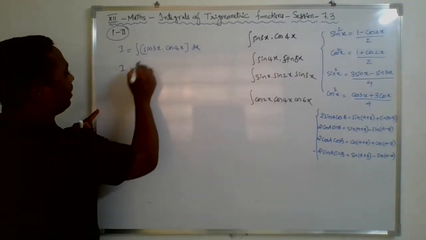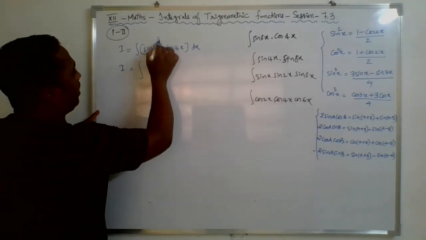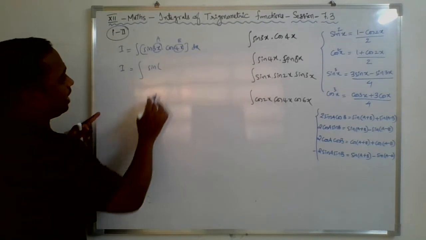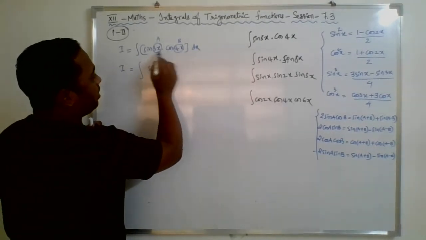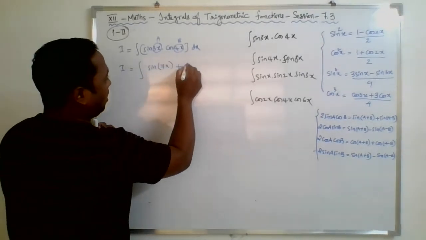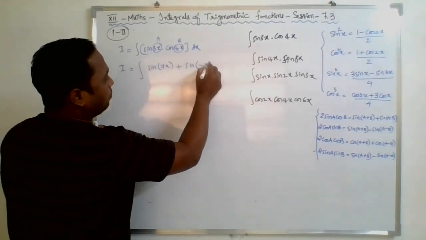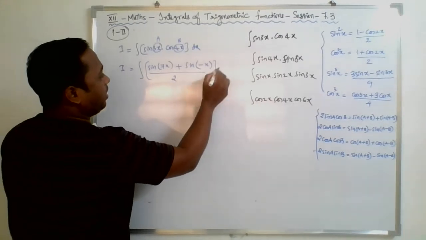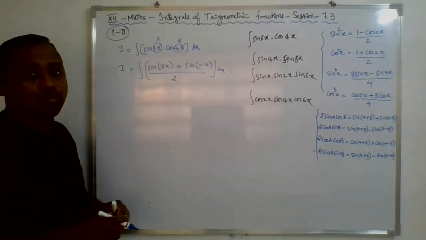So this can be written as sine of, it is completely A and it's completely B. So sin A into cos B identity I am going to use. Sine of A plus B means 3x plus 4x is 7x, plus sine of 3x minus 4x is minus x upon 2.